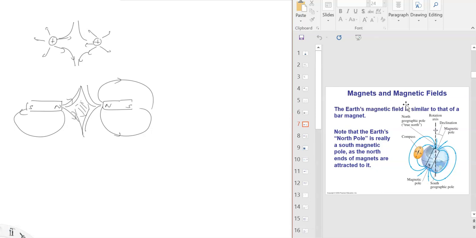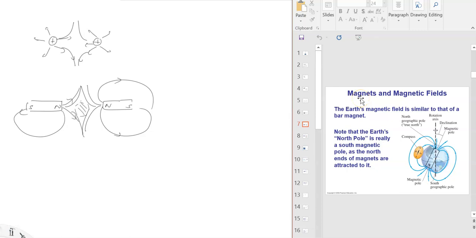So here's a little research question for you. I want you to find out what's the source for the Earth's magnetic field. What creates it? There is no real bar magnet inside, but there is something that generates these magnetic field lines. It is very important that we have a magnetic field. Some planets don't.